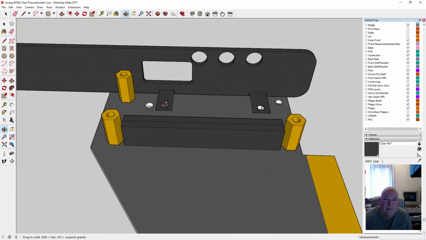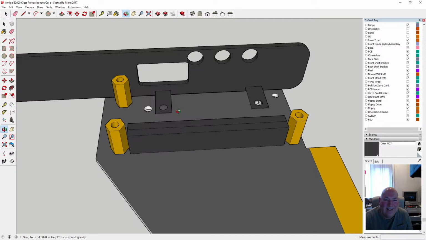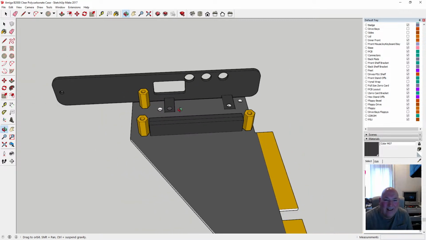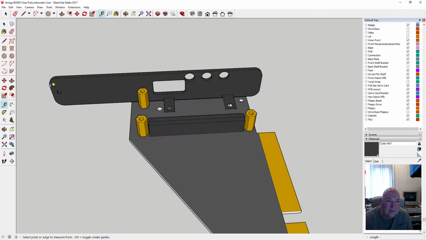No, it isn't. What? What on earth is going on? Let's check something here. 122 mil. 122 mil, yeah.